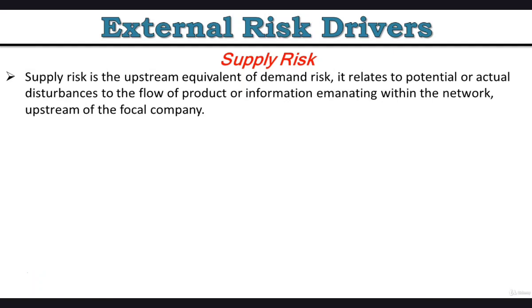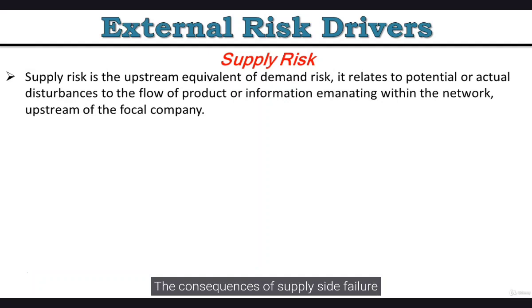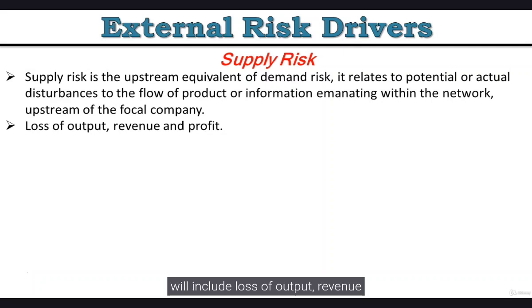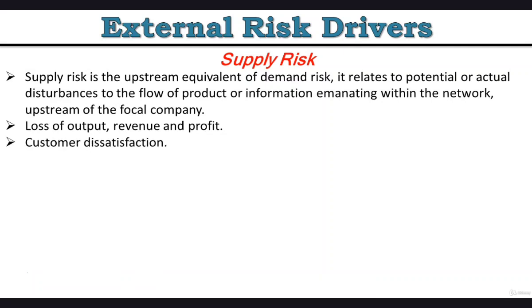quality. The consequences of supply-side failure are usually financially debilitating, resulting from a series of issues including schedule adherence, technical concerns, and quality questions. Typically, the company's consequences of supply failures will include loss of output, revenue, and profit, and customer dissatisfaction.